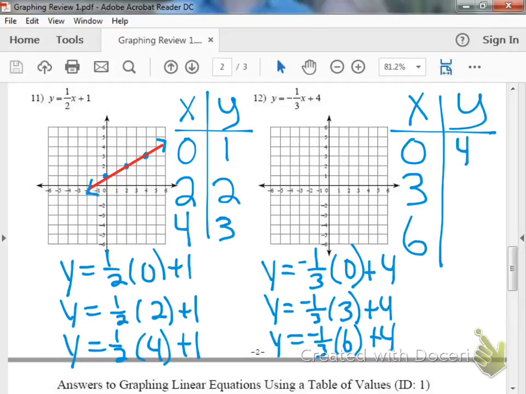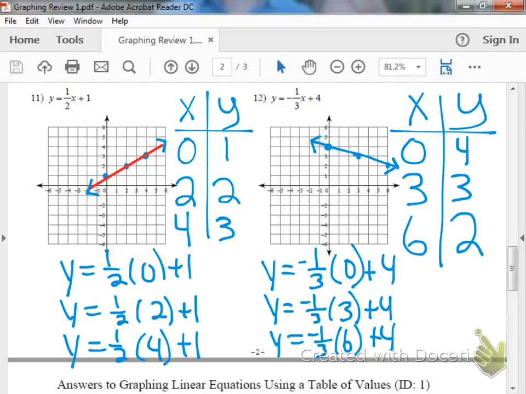Negative 1/3 times 3 is negative 1, plus 4 is 3. And negative 1/3 times 6 is negative 2, plus 4 is 2. I need to graph (0, 4), (3, 3), (6, 2), arrows on the ends, and I'm good to go.